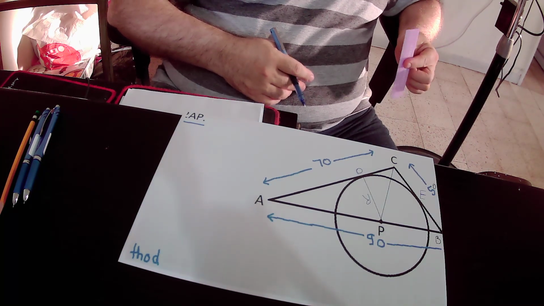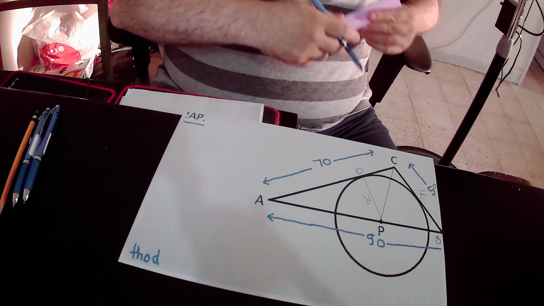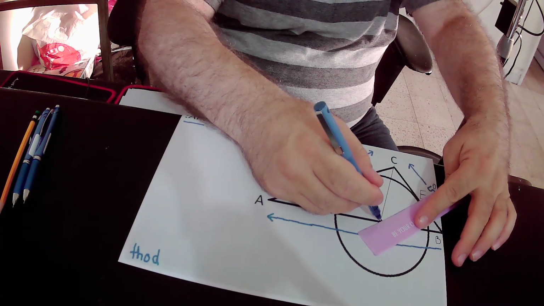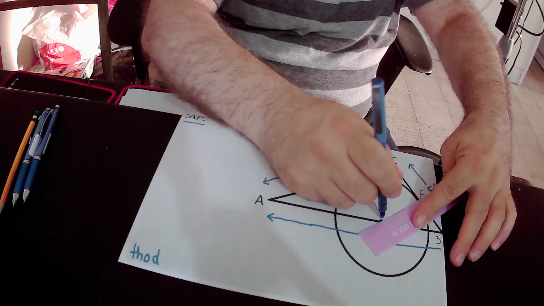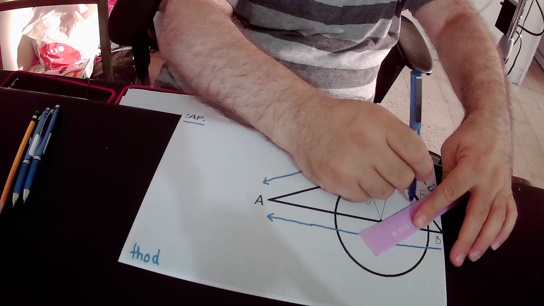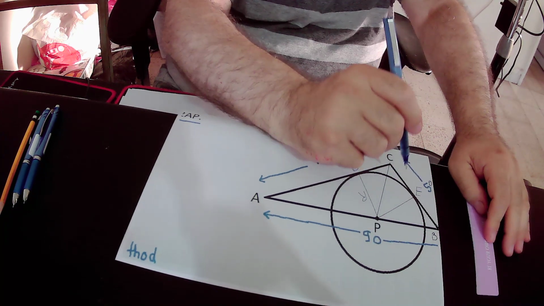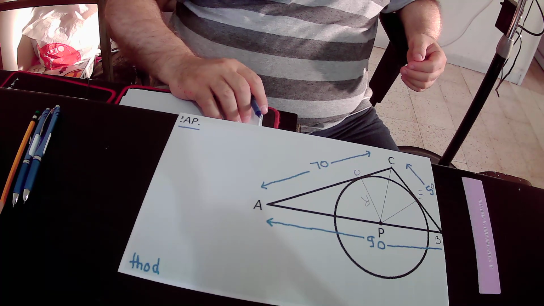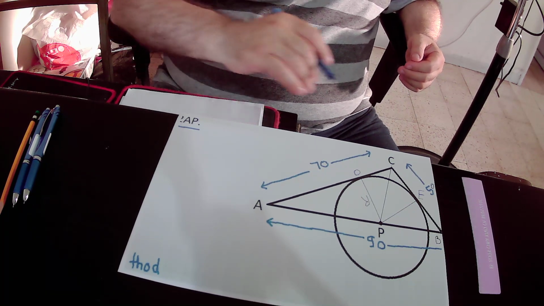We will connect also points P and E together by a straight line. And PE is also the radius of the circle.